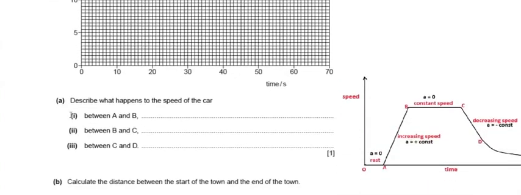So the part A of the question: describe what happens to the speed of the car. What happens to the speed of the car? Here you can see this itself is a speed time graph, and the graph is directly showing you the speed is decreasing from A to B, from B to C it is constant, and from C to D it is increasing.